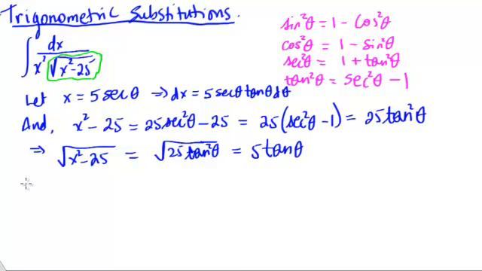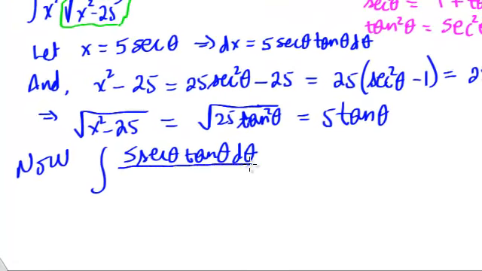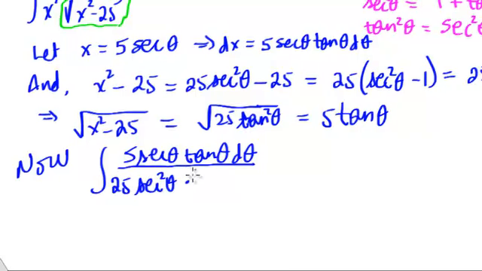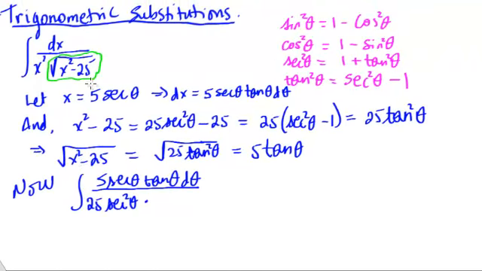Now the integral becomes dx, which is now 5 sec theta tangent theta d theta, divided by x squared, which is 25 secant squared theta, because x is 5 sec theta, times the square root of x squared minus 25, which is 5 tangent theta.